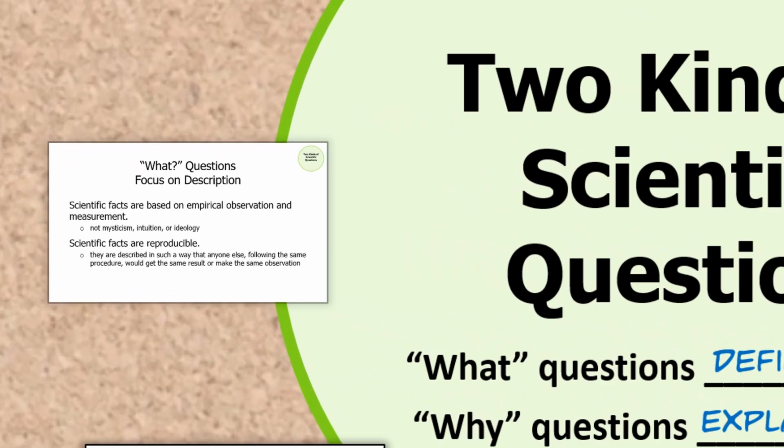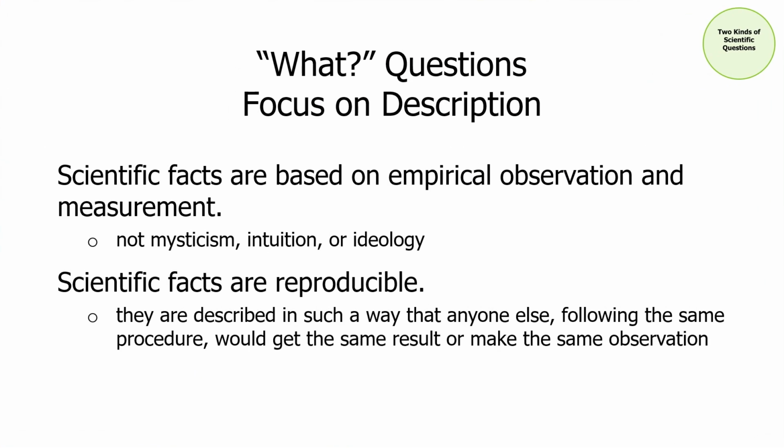What questions? Description. Scientific facts are based on empirical observation and measurement. Scientific facts are reproducible. Again, repeating the theme about science. We don't use mysticism, intuition, ideology. We don't use anecdotal evidence to support or to test our hypotheses. We don't cherry pick data that supports our hypotheses.